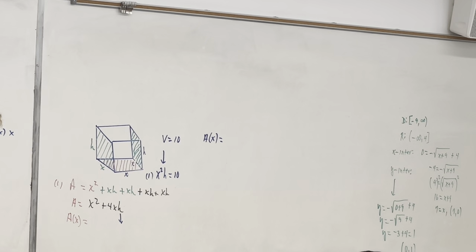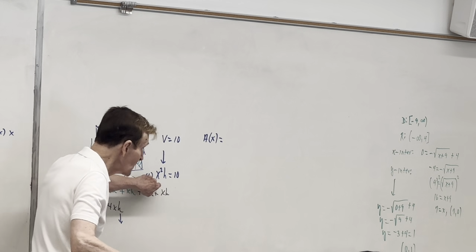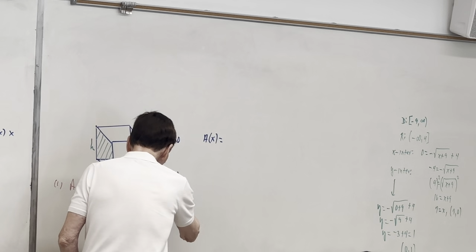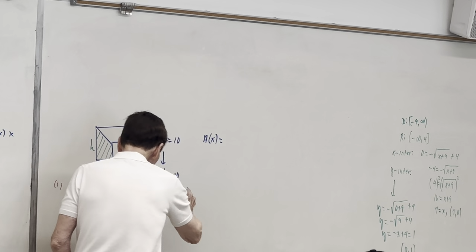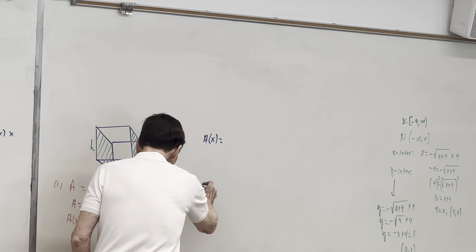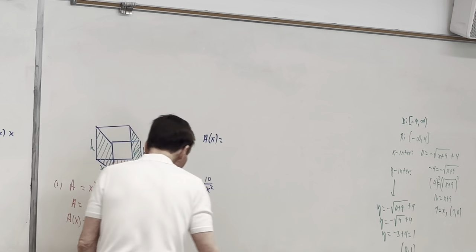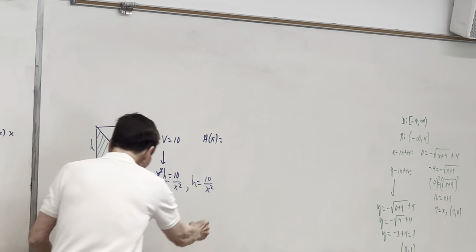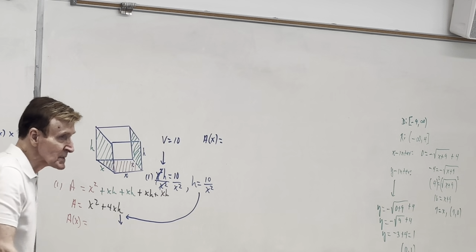Can anyone tell me what I might do? Can I solve for h? Can I divide by x squared in that relationship we had earlier? These will cancel. h will be equal to, when I solve for h, that. I now have a substitute. Welcome to pre-calculus. I have a substitute for h.